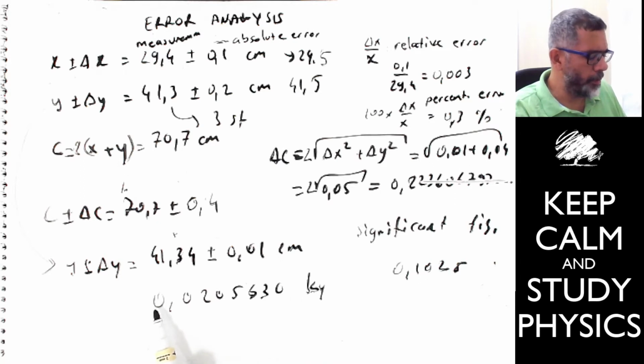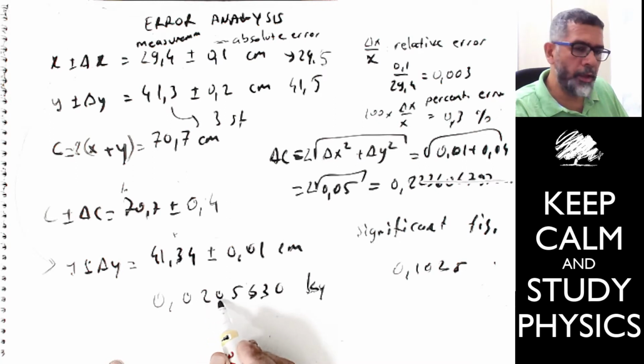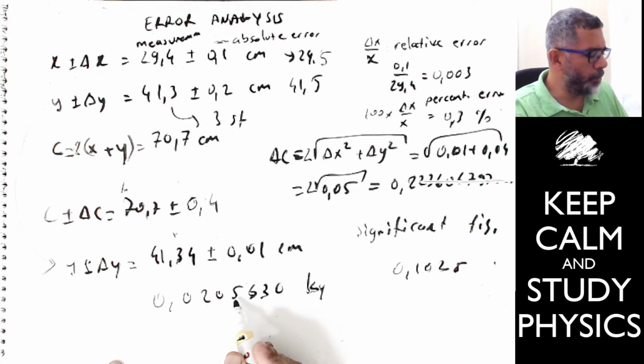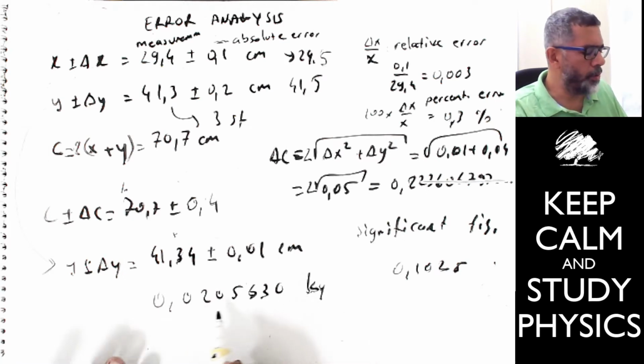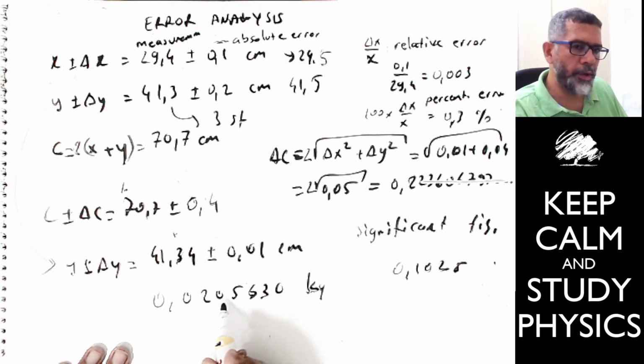For example, this is 0, not significant, this is 0, not significant. 2, it's a non-zero digit, so we start counting with 2. 1, next digit is 0, but since it comes after a non-zero digit, it is counted as significant. 2, 3, 4, 5, 6. The last digit is also 0, but we count all zeros after a non-zero digit as significant.